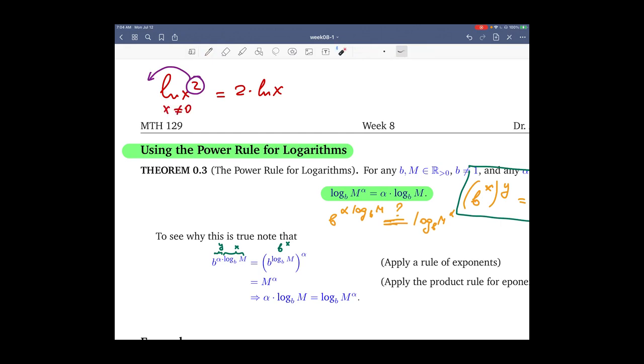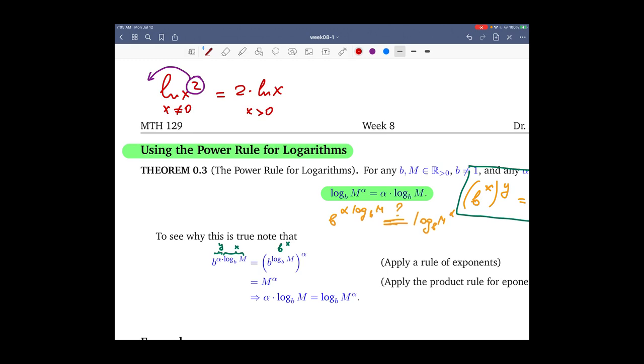It's perfectly fine if x is negative, because if x is negative, x squared is positive, and natural log exists for every positive argument. On the other hand, on the right, I cannot allow x to be negative. I must have x to be positive. So one has to be very careful with formulas like this. Always keep track of your domain.